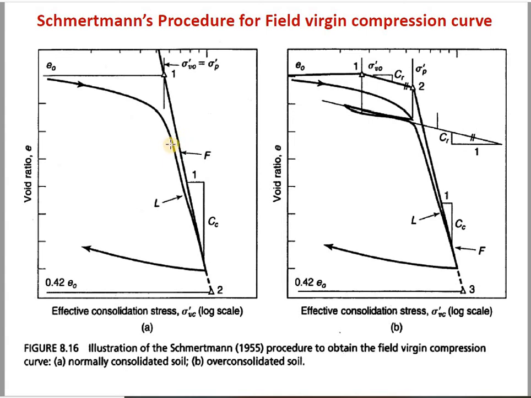The laboratory virgin compression curve is slightly flatter compared to the field virgin compression curve. It is a steep slope. Now you take the slope of this particular curve to find the compression index.